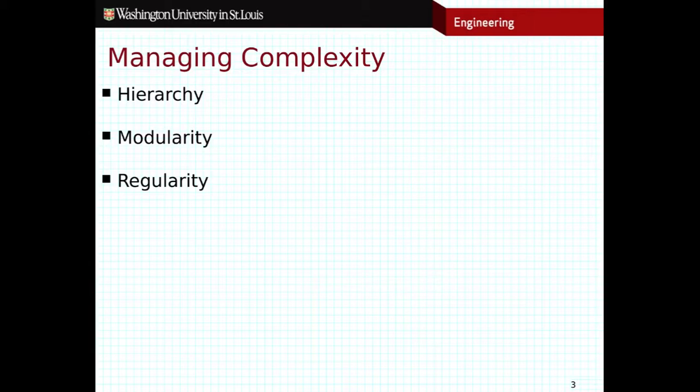That's just going to add complexity and add confusion to the system. So really, regularity is trying to promote this idea of reusability. If I define my modules well, I can kind of plug them in whenever I need to. So that's a few important concepts to keep in mind as we go through the rest of the class here.